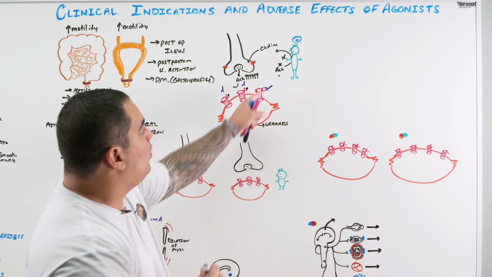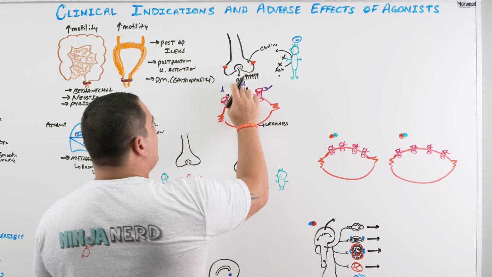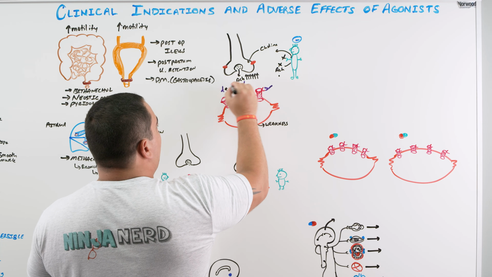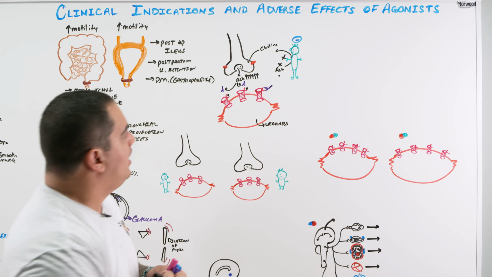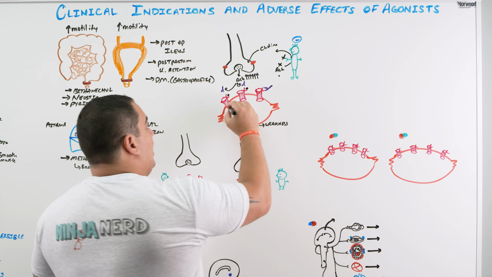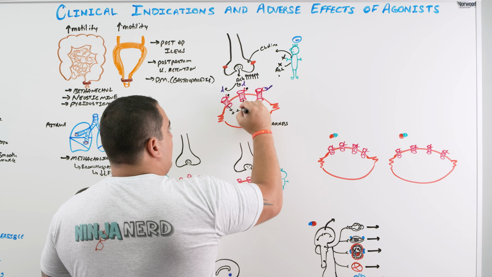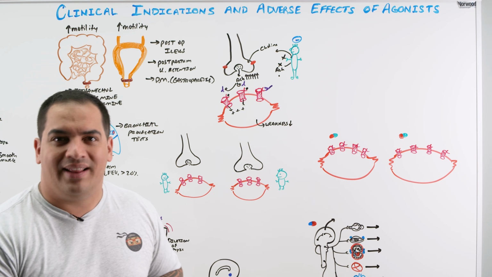Maybe some of them will still be bound by the antibody, but maybe some of the acetylcholine will be able to beat that antibody out of the receptor site. And that's important, because then we can have an improvement in ion influx into this portion here, and maybe have some type of contraction that decreases the weakness. Right? That's the whole goal.